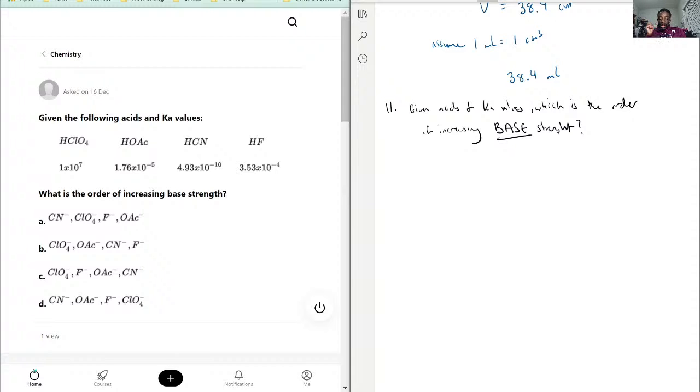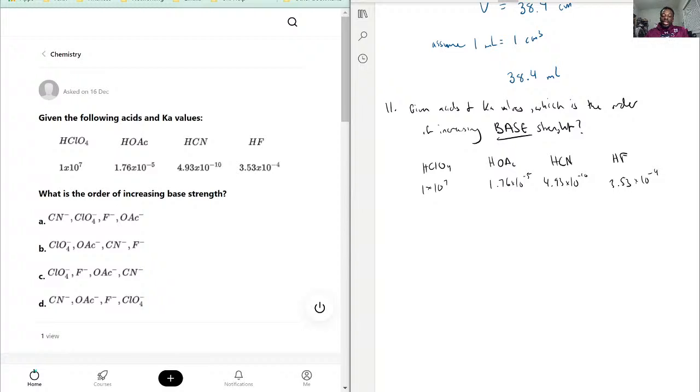So now, with that being said, they were giving us HClO4, HOAc, HCN, and HF, and these had 3.53 times 10 to the negative 4, 4.93 times 10 to the negative 10, 1.76 times 10 to the negative 5, and 1 times 10 to the 7. Wow, okay, definitely blows them all out of the water.